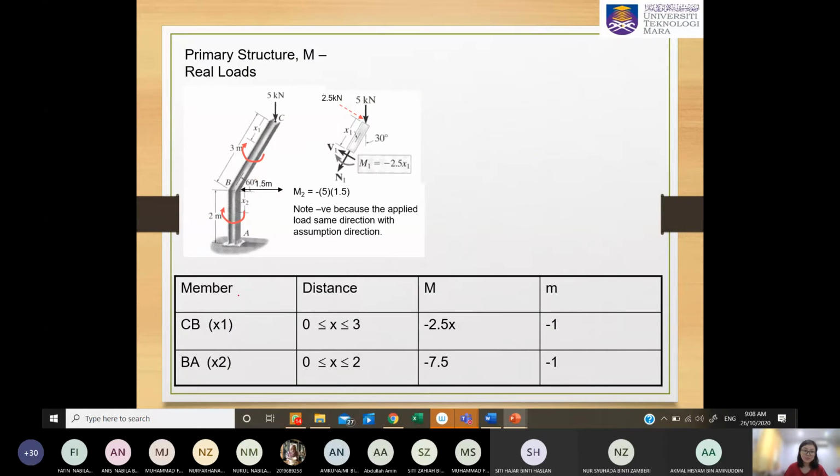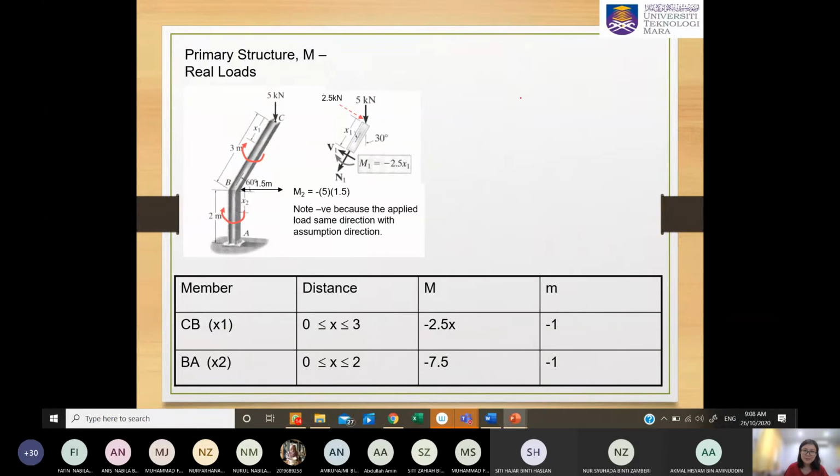You need to be able to write the range. Probably I will talk about CB first. As a starter, I will use the method of writing the equations. It's the same actually, but I will draw the free body diagram here.